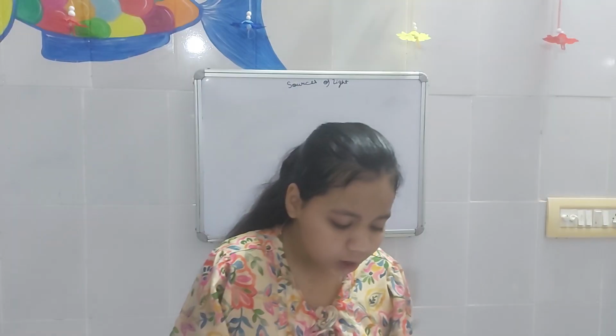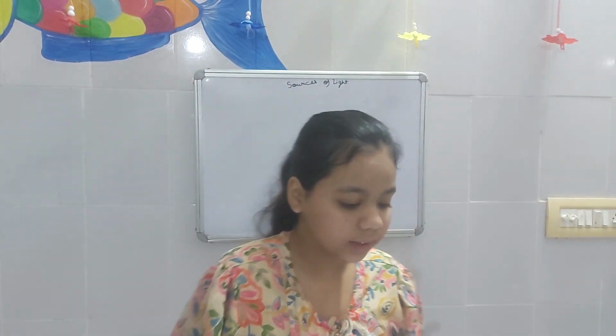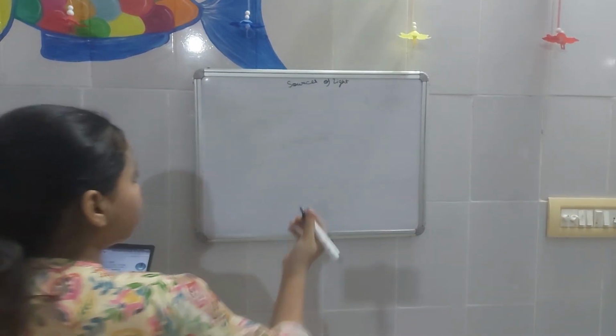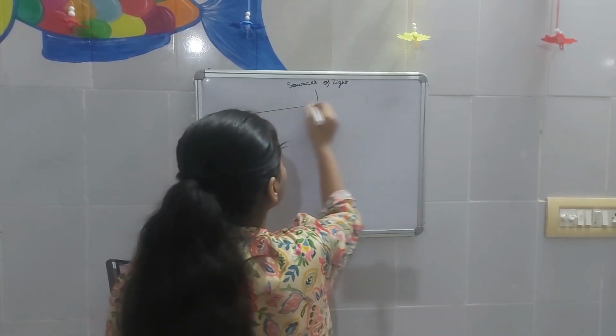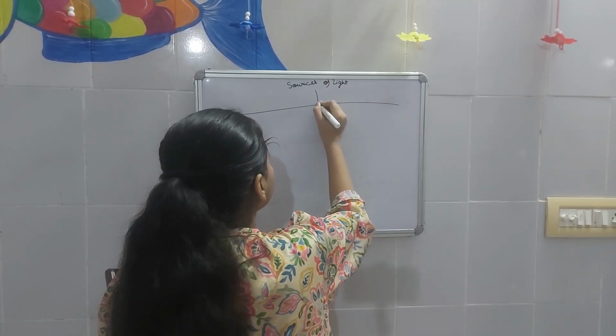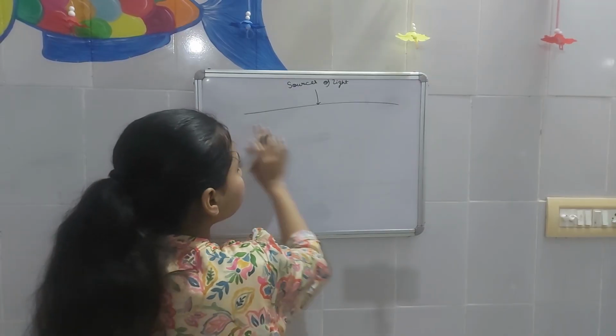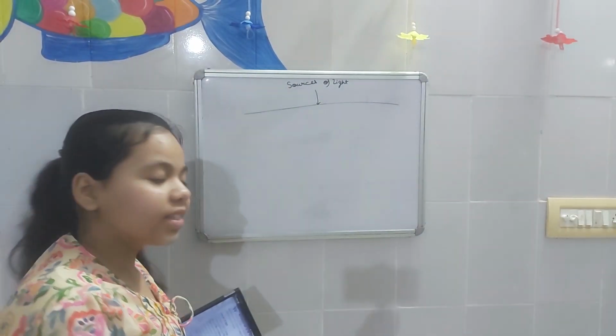Sources of light can be divided into 2 parts.